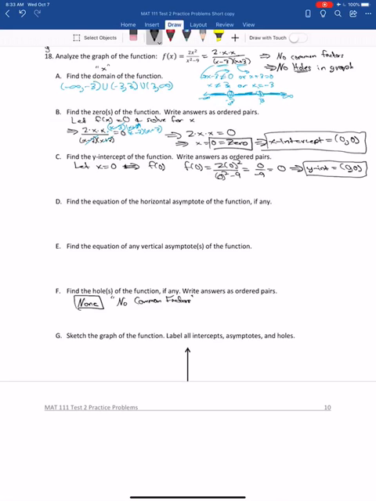Find the equation of the horizontal asymptote. So remember, to find the horizontal asymptote, we're going to compare the degrees of the two polynomials. So let's go ahead and talk about the numerator degree. The numerator degree of our polynomial in this problem is a degree 2 polynomial. And our denominator degree is also a degree 2 polynomial.